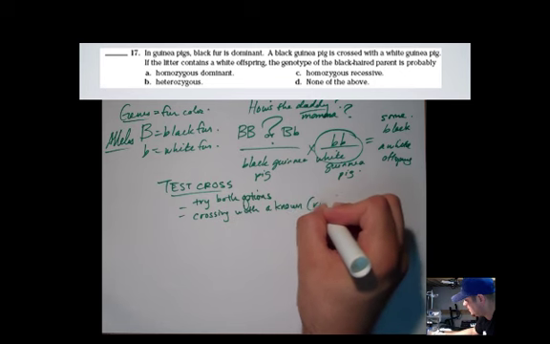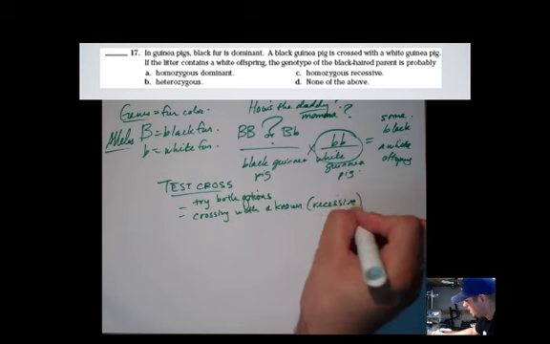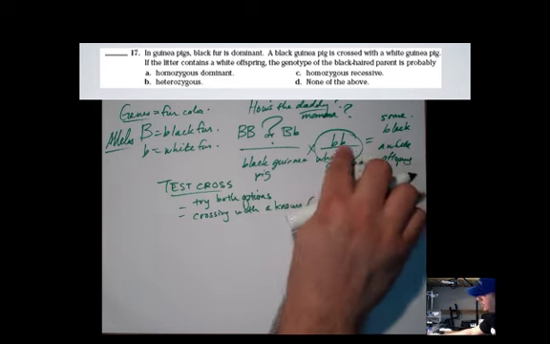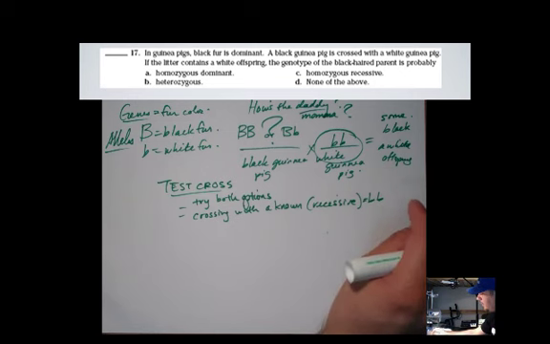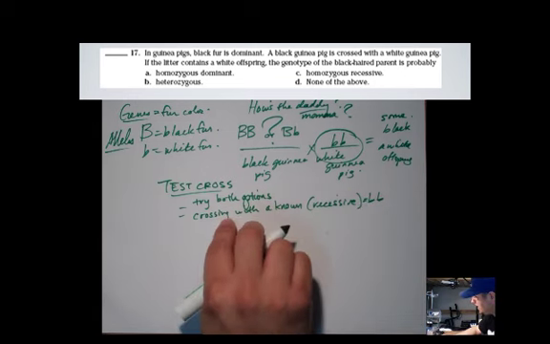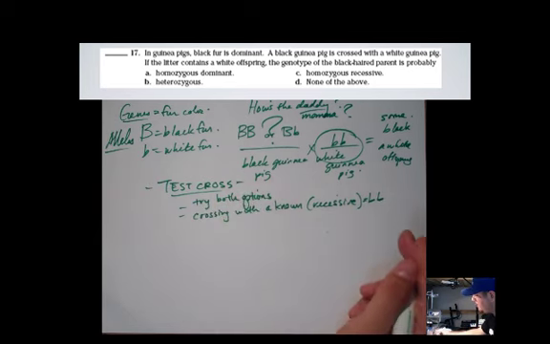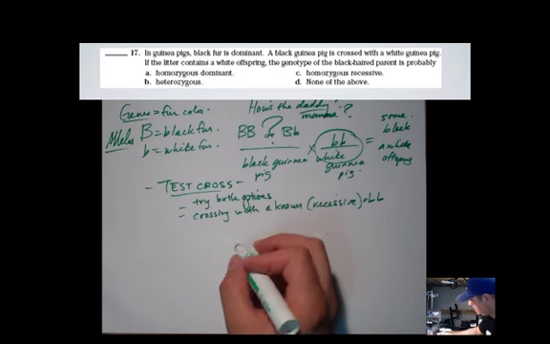And our known is the recessive, right? And in this case, it's little b, little b. That's always known because that's the only option you can get to have white fur. So you cross the unknown with a known. That's how you do a test cross to figure out who the parent is. Okay, so let's go ahead and do that.